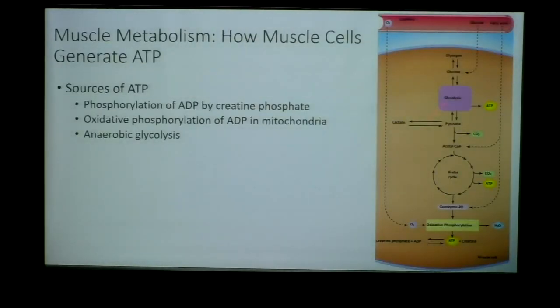If we're breaking down glucose or glycogen, we typically yield pyruvate. Now, we cannot conduct oxidative phosphorylation in the absence of oxygen, and so this process gets halted, and we have a backup of pyruvate. Pyruvate builds up because it cannot go through the Krebs cycle and eventually through oxidative phosphorylation.